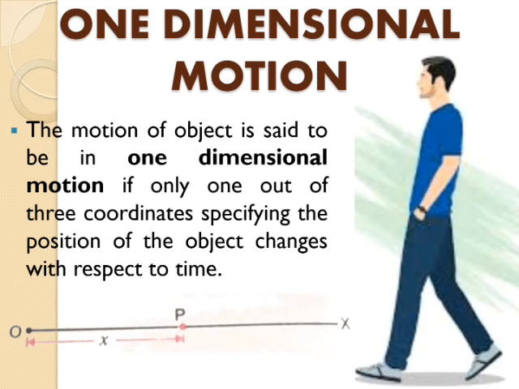In one-dimensional motion, the object moves along a straight line or a well-defined straight path. Therefore, one-dimensional motion is sometimes known as rectilinear or linear motion. For example, the motion of a train along a straight railway track, a man walking on a level and narrow road.